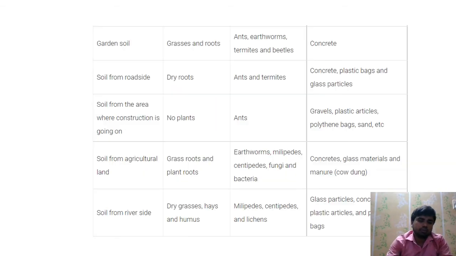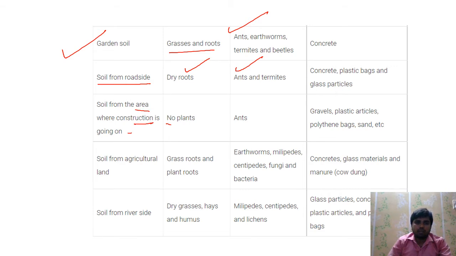Okay, so moving further, students, this is a tabular representation of different biotic components in different areas. In the garden soil, what are the biotic components? You can see grasses and ants. In the soil from the roadside you can see dry roots and ants. In the area of a construction site you cannot find any plant, but there will be ants.